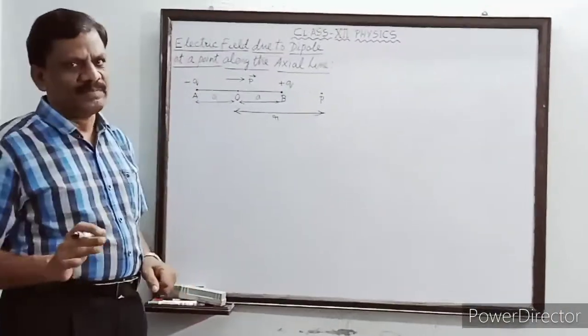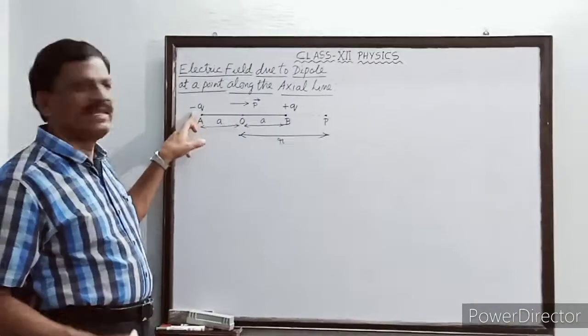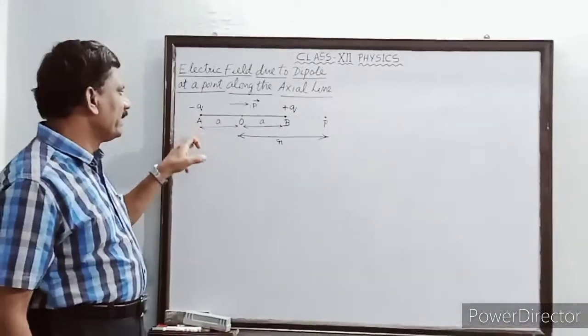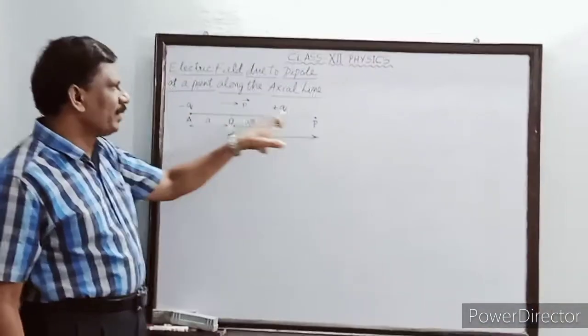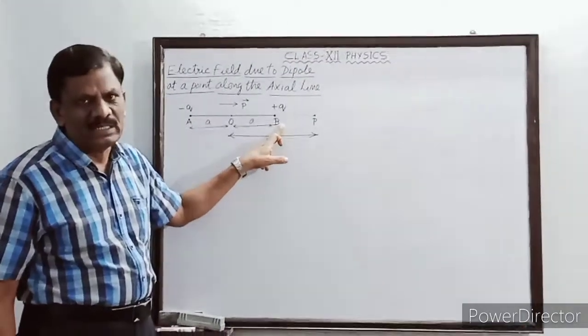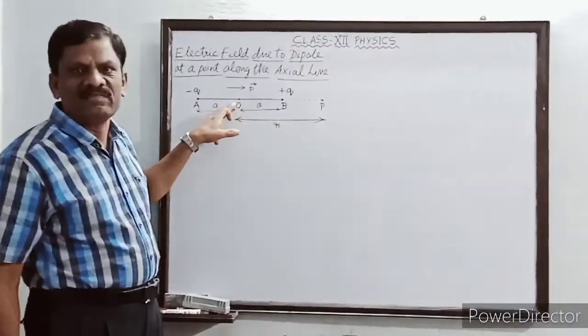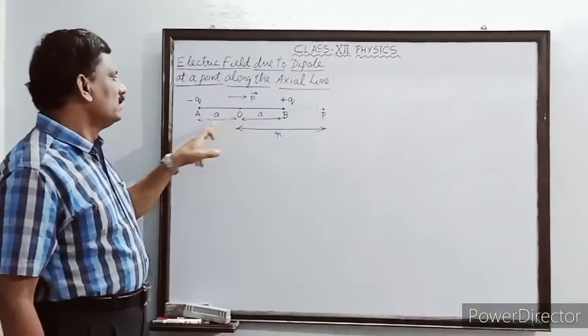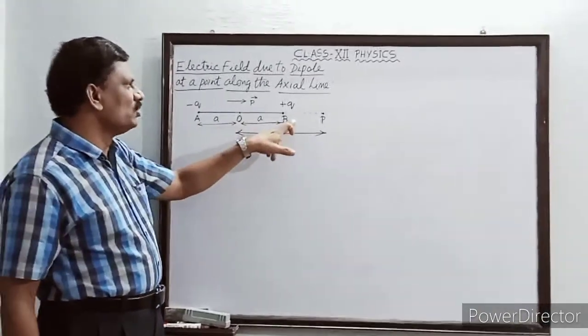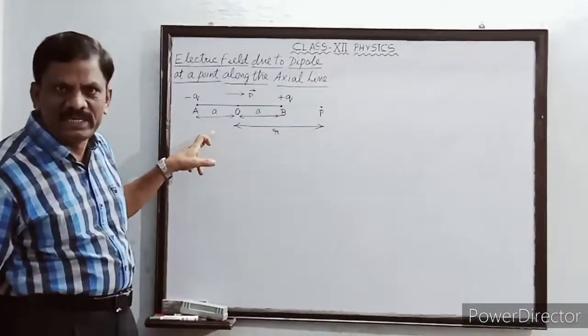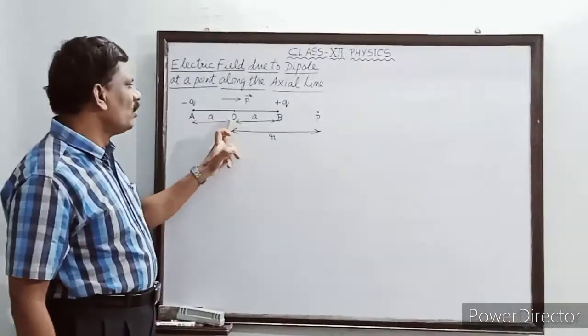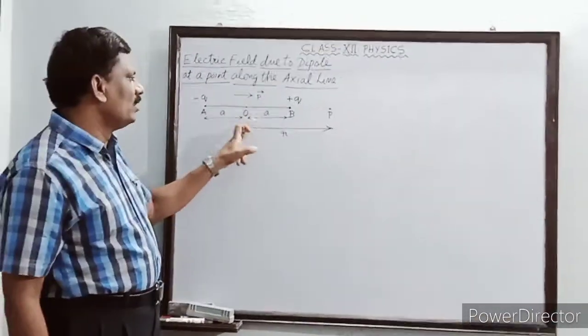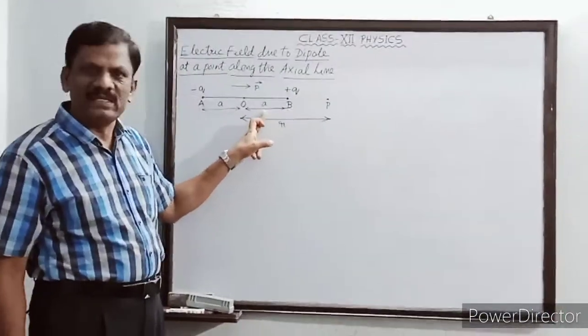The given dipole consists of two charges, namely minus q located at A and plus q located at B, so that O is the midpoint of the dipole. The distance between the two charges is 2a, as shown. AO is equal to a and OB is also equal to a.